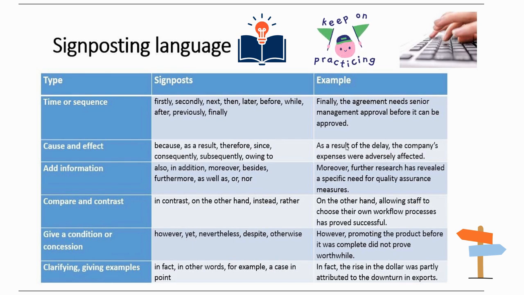So that means this is the result of something. Here we are talking about the result, a conclusion, the end outcome. In that scenario, we will use these signposting words or phrases.